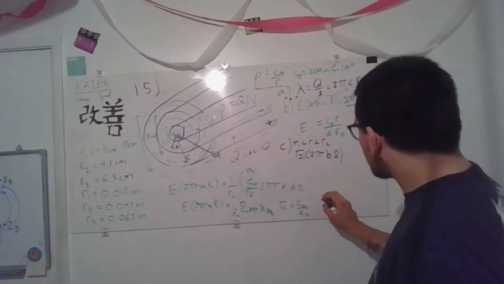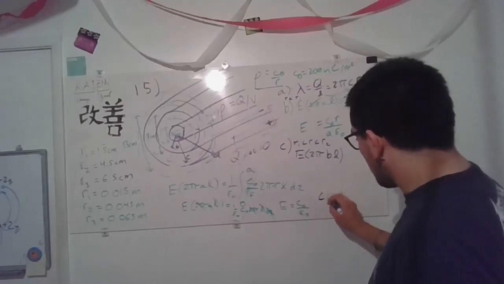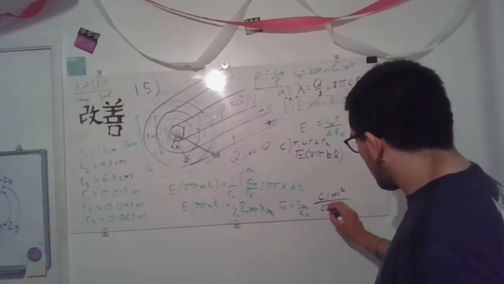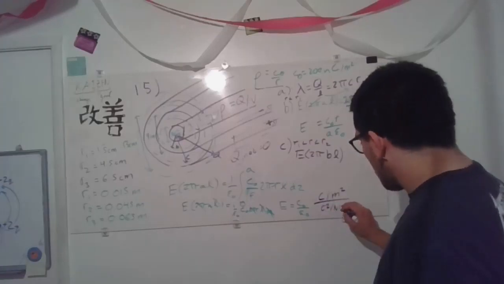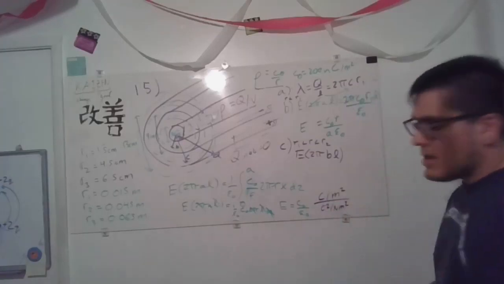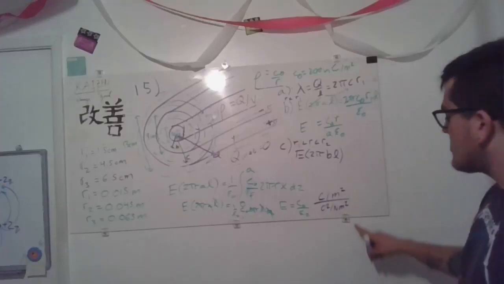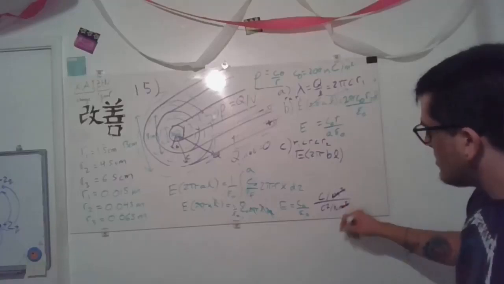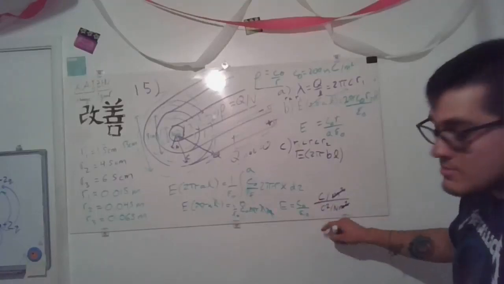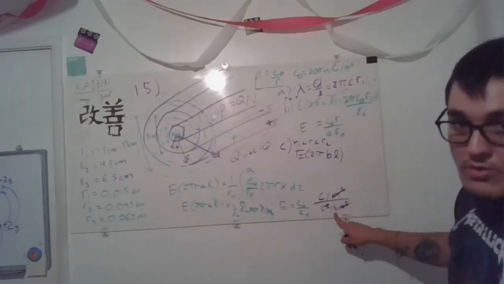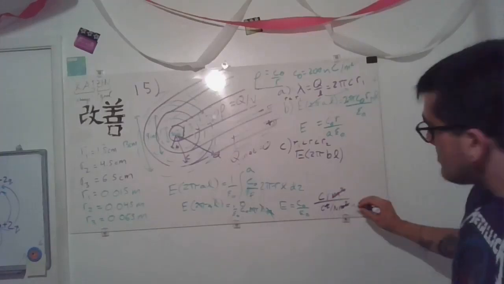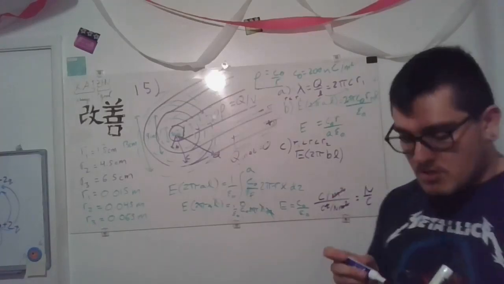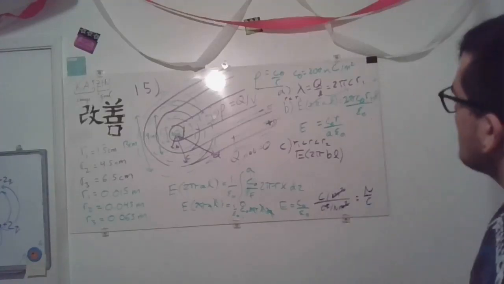So then coulomb over... and I believe this checks out because you have meters over meters. You have coulomb divided by coulomb squared, and then you have a Newton on the bottom, so it flips up. Newtons per coulomb. Nice catch, Joy.